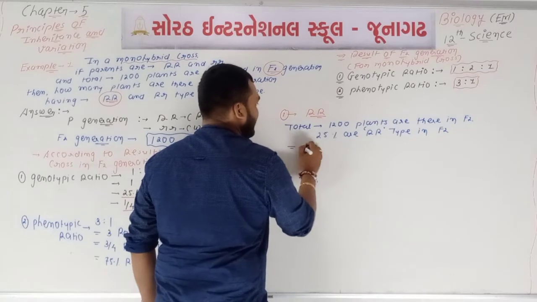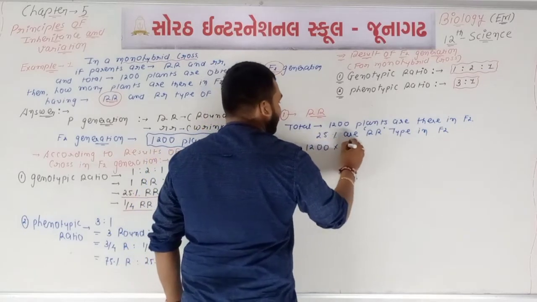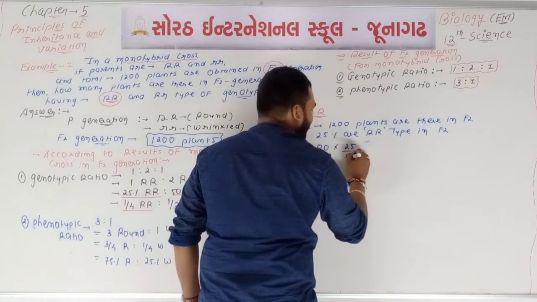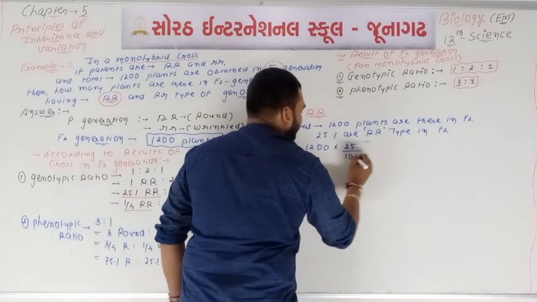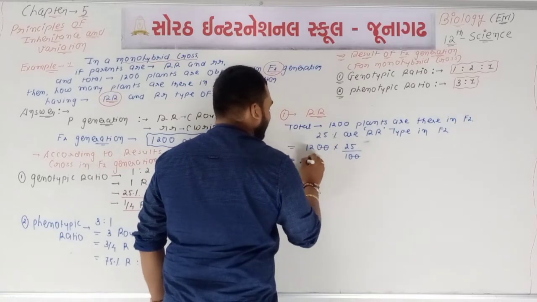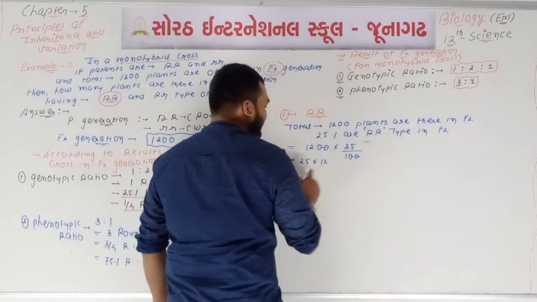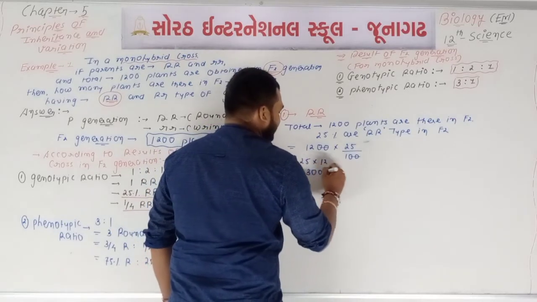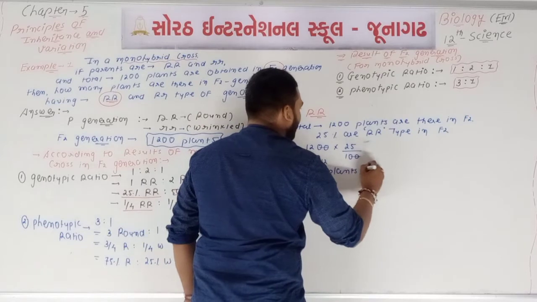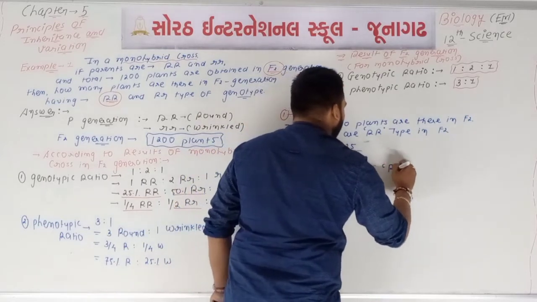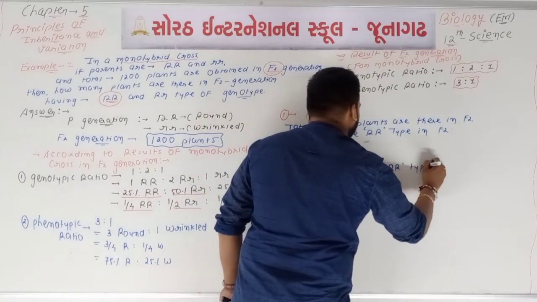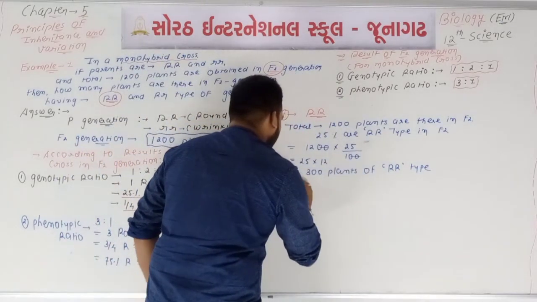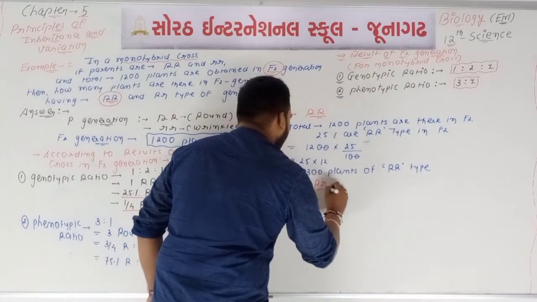So it is equal to 1200 multiplied by 25%. We remove percent, so 100 means cut the two zeros, equal to 25 multiplied by 12. 25 tens are 250 plus 50 is equal to total 300 plants of capital R type.